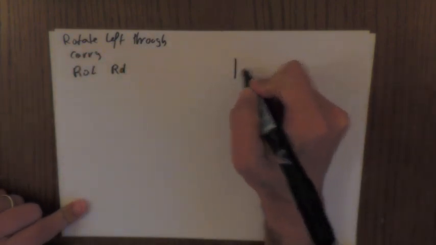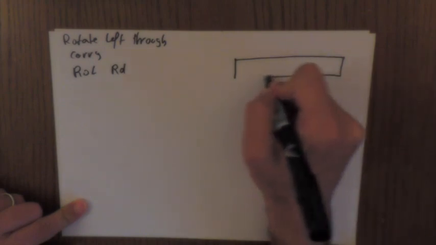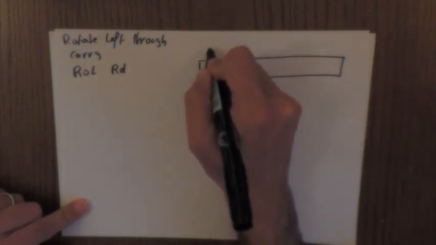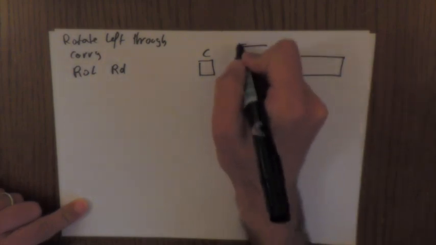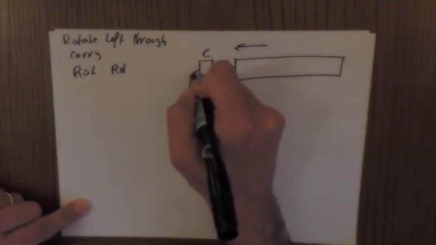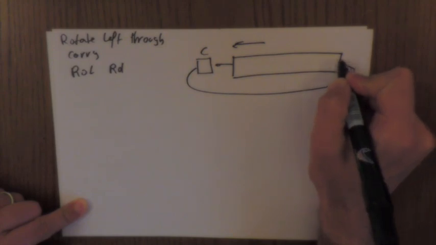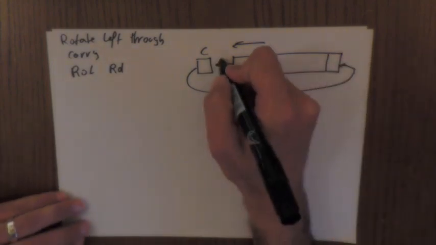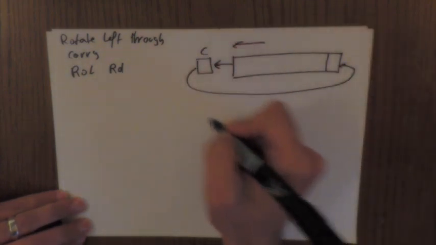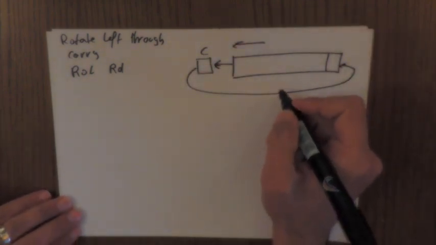This time I'm going to conveniently place the carry here, and when we want to rotate left, it's going to be like this, and the bits go over. The carry will enter from the right side as it's rotating left. So just check the flag orientation.